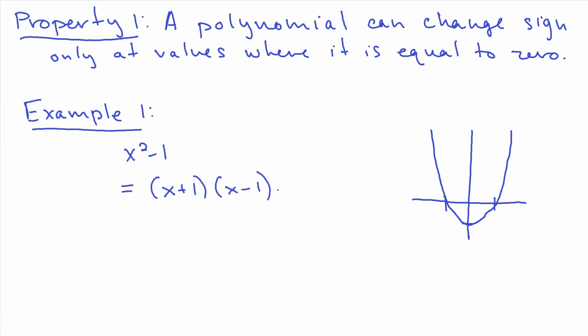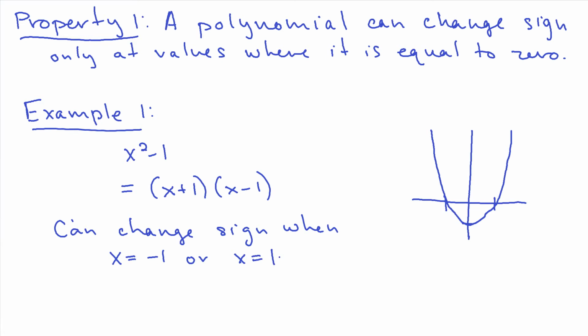So what this property tells me is that this can change sign when x is equal to negative 1 or x is equal to 1, because that is where x squared minus 1 is equal to 0.